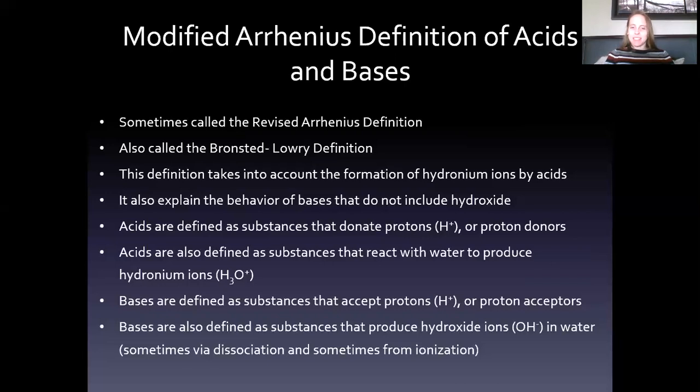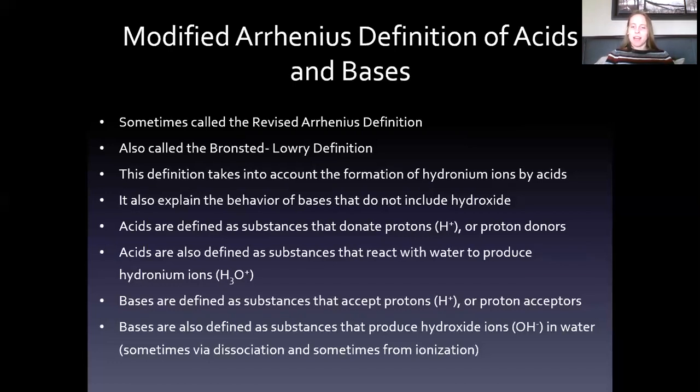Instead, it defines acids as substances that donate protons. So it says that acids are proton donors, which just means that they give up an H plus to the water. And it also says that they will react with the water to produce hydronium ions, that H3O plus.